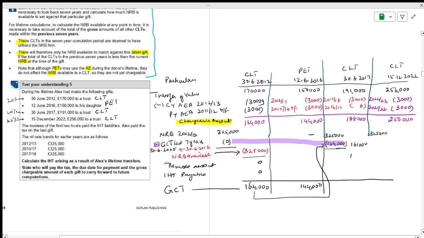You remove it, how much will come? 27,000. It is paid by whom? Paid by donee? Paid by trust. If it is paid by trust, how much? 20%. 20% means 5,400.